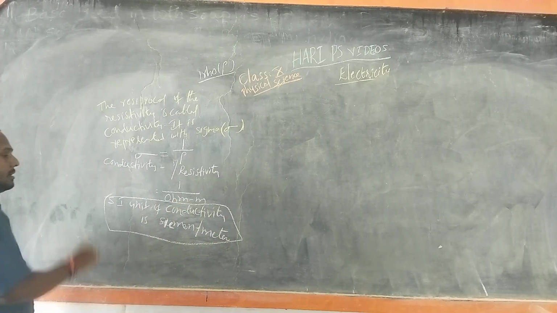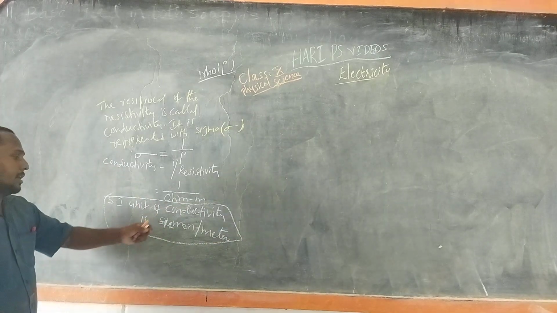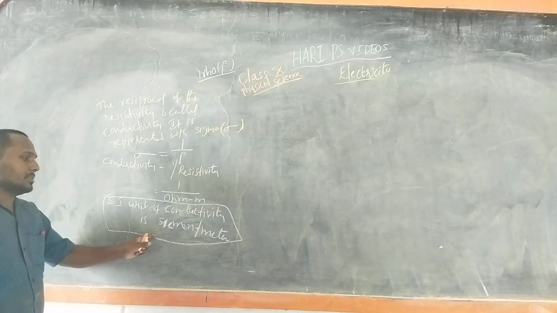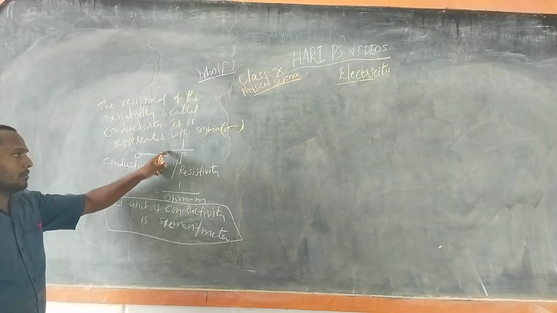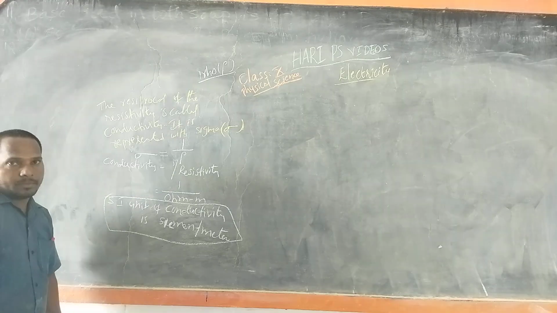So this is a simple thing. SI unit of conductivity is Siemens by meter. Conductivity sigma is equal to 1 by rho, that is 1 by resistivity.